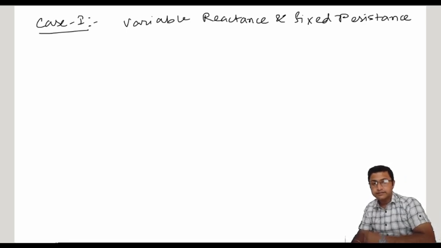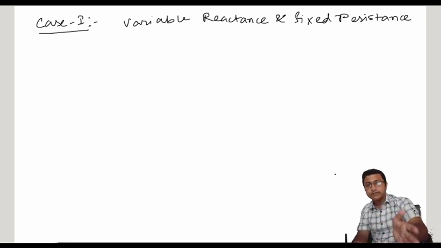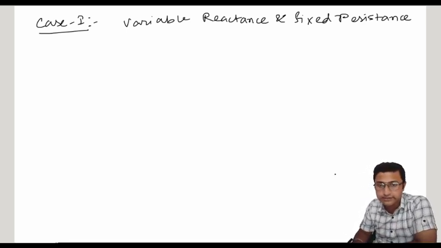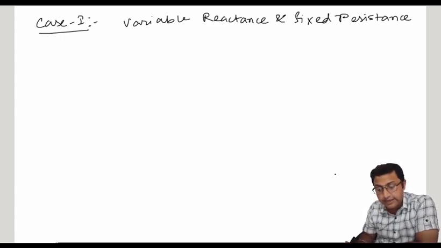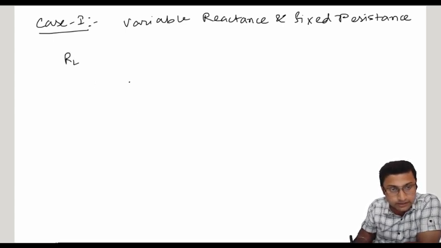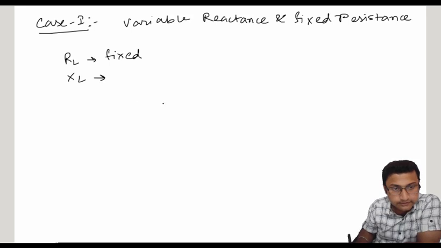The first case is variable reactance, that means in the load, variable reactance and fixed resistance. So now since RL is fixed and XL is variable, that means RL is fixed and XL is variable.